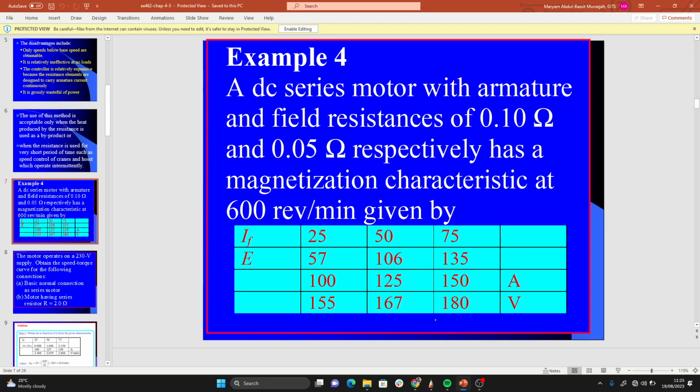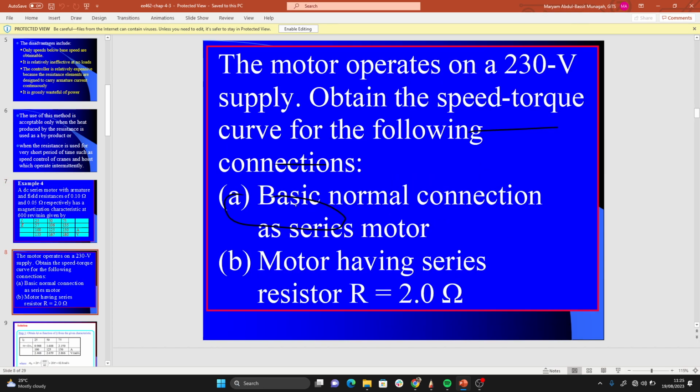It says that a DC series motor, we've been given RA and RF, and has a magnetization curve at 600 rev per minute to be this. So this is the curve at this speed, right? Now, the motor operates on a 230 volt supply. Obtain the speed torque curve for the following connections.